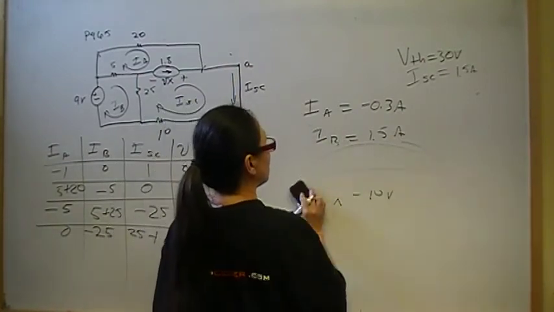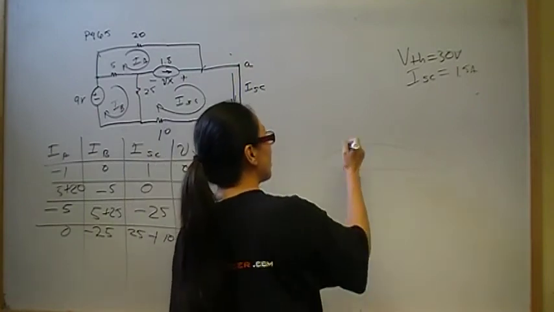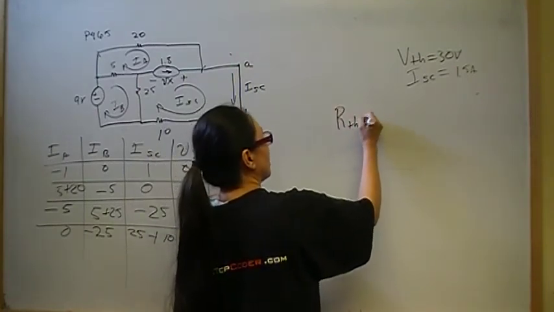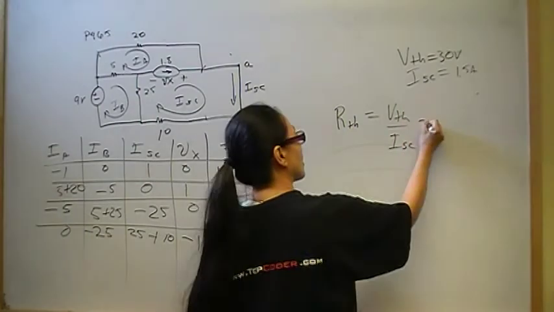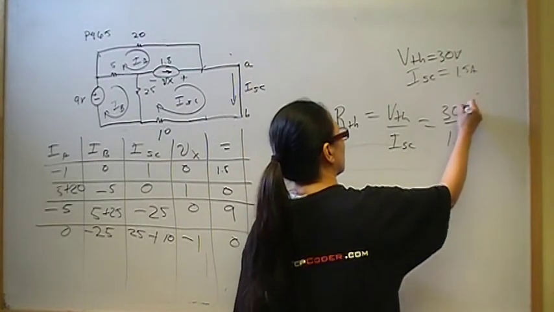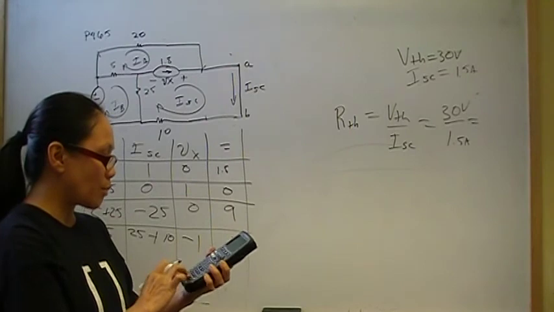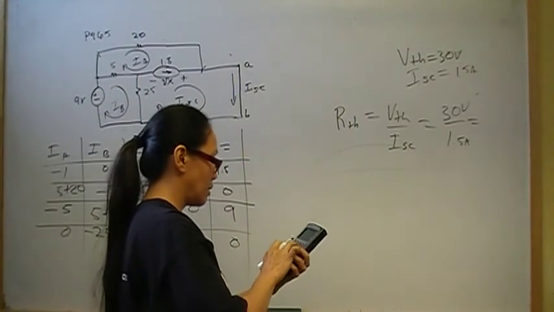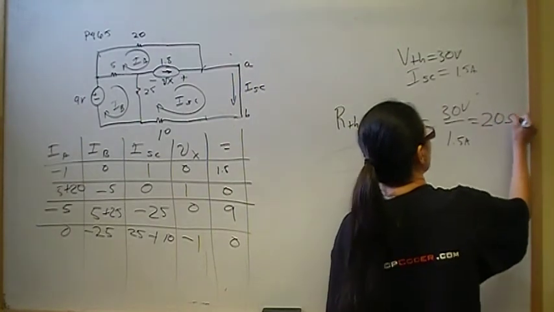So now we're going to use method A of finding R Thevenin, and that is V Thevenin over I short circuit. That gives me 30 volts divided by 1.5 amps. So that gives me 20 ohms.